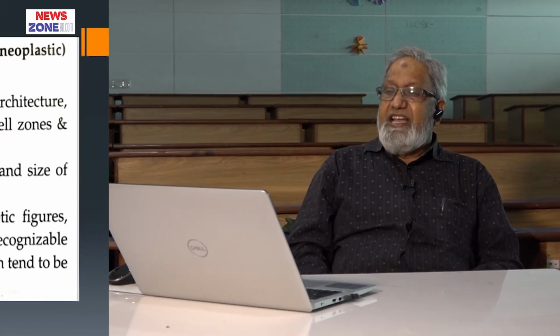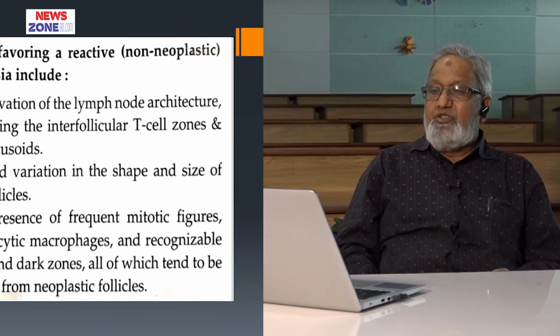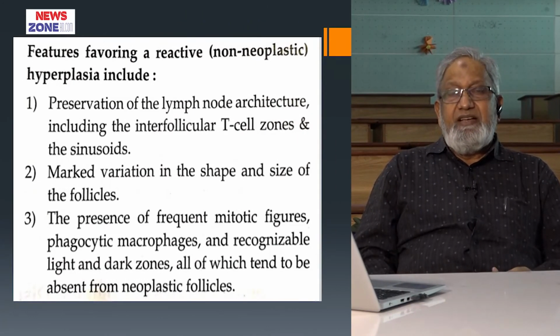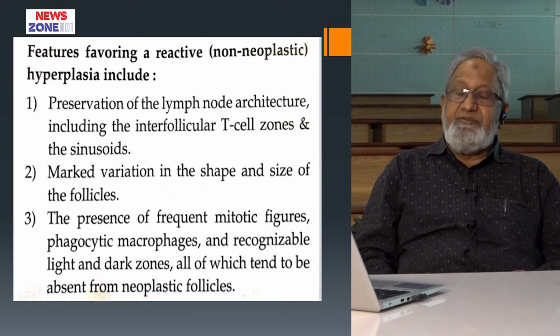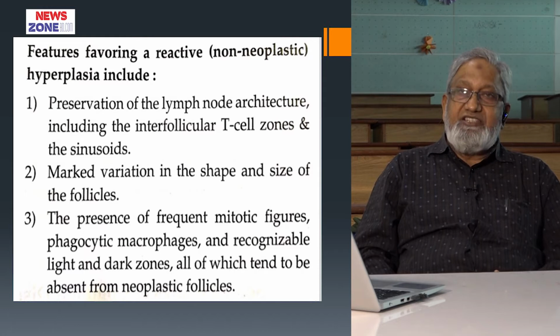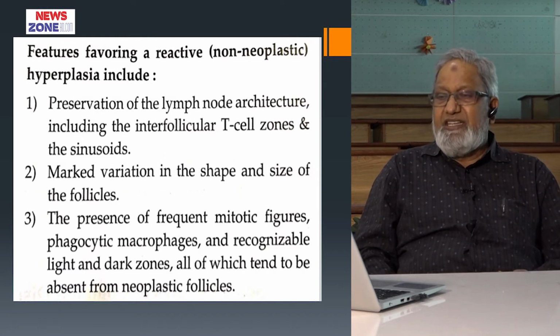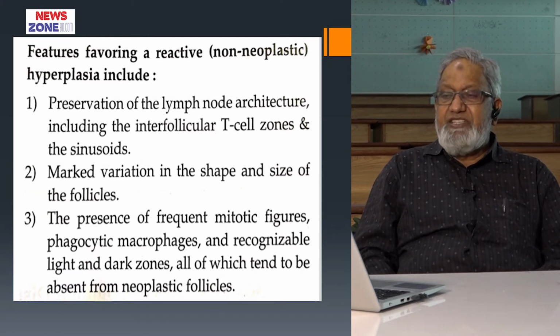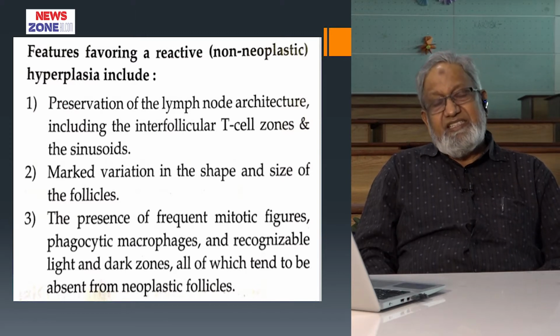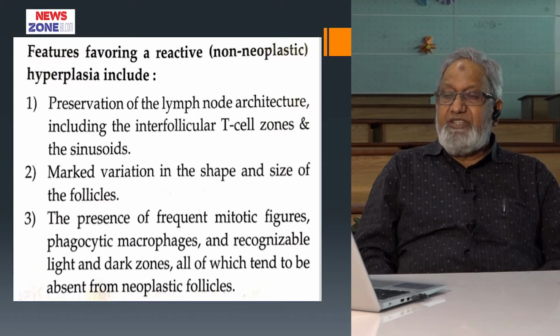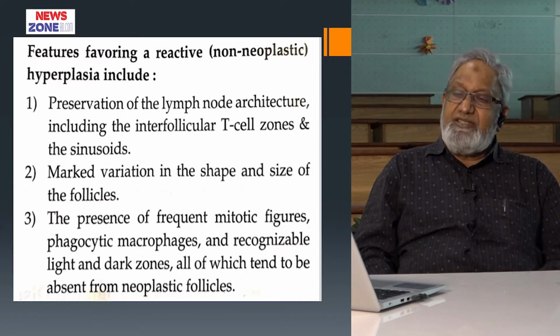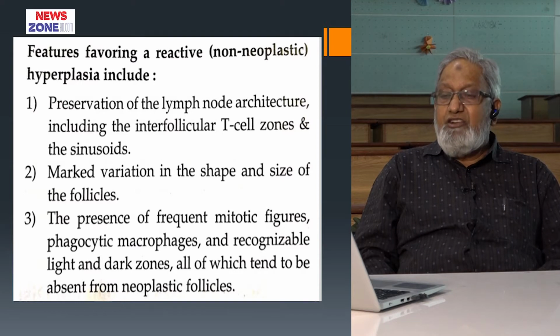Features favoring a reactive hyperplasia over a neoplastic process include preservation of the lymph node architecture, that means the follicular structures, interfollicular cells and T zones, marked variation in the follicles in shape and size, and the presence of frequent mitotic figures, phagocytic macrophages and recognizable dark and light zones.